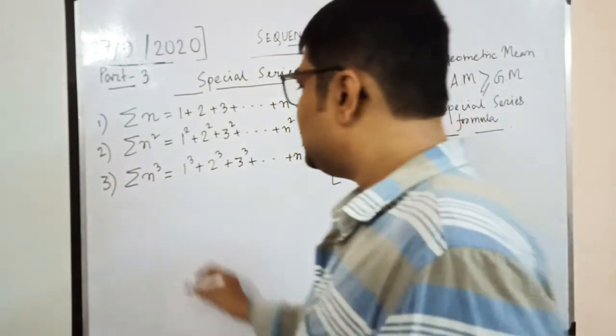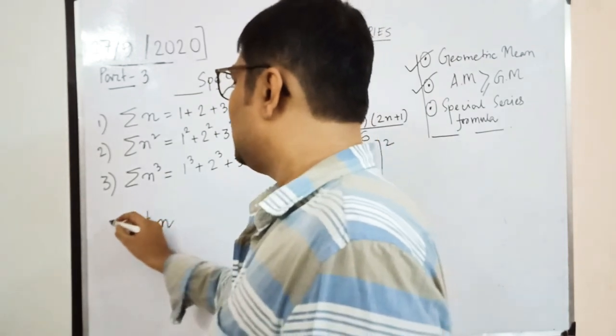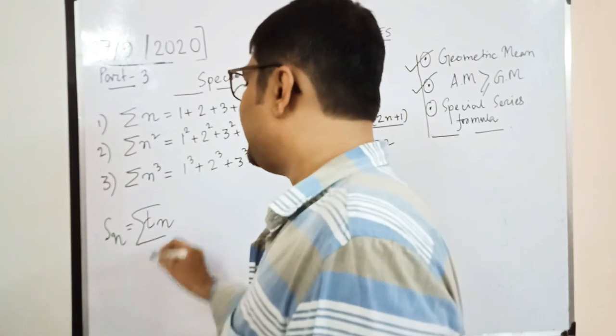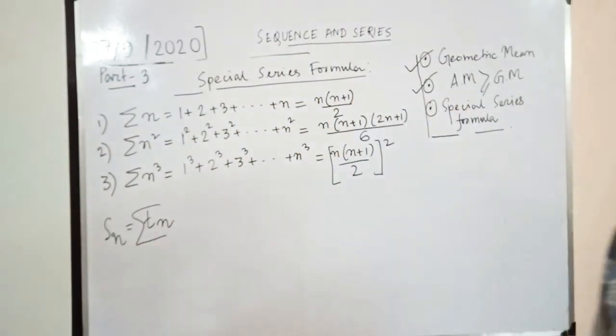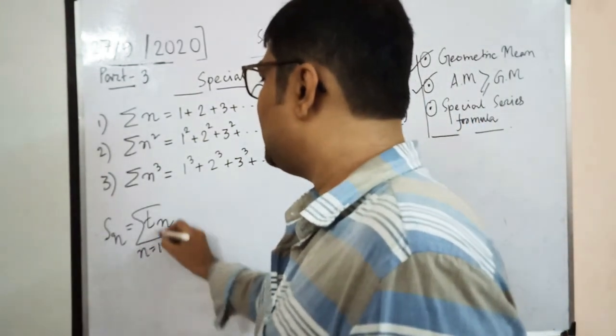Okay, in case of special series, if we want to find the summation, we have to expand, we have to take sigma over Tn, where n varies from 1 to n.